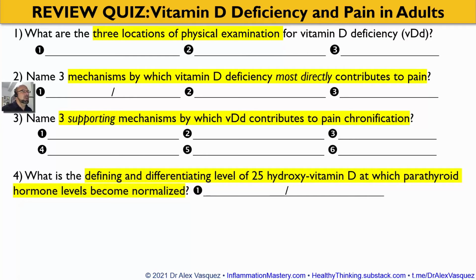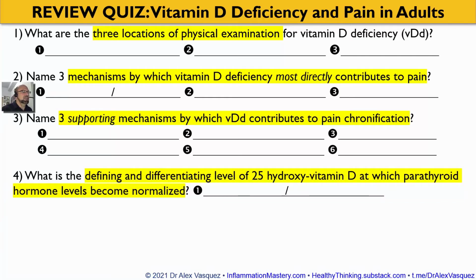Question number 4 in my quick review quiz: what is the defining and differentiating level of 25-hydroxyvitamin D at which parathyroid hormone levels become normalized? That's a very specific number. Obviously, you could go plus or minus a little bit, but the number for this level of vitamin D that normalizes parathyroid hormone levels is actually quite precise.